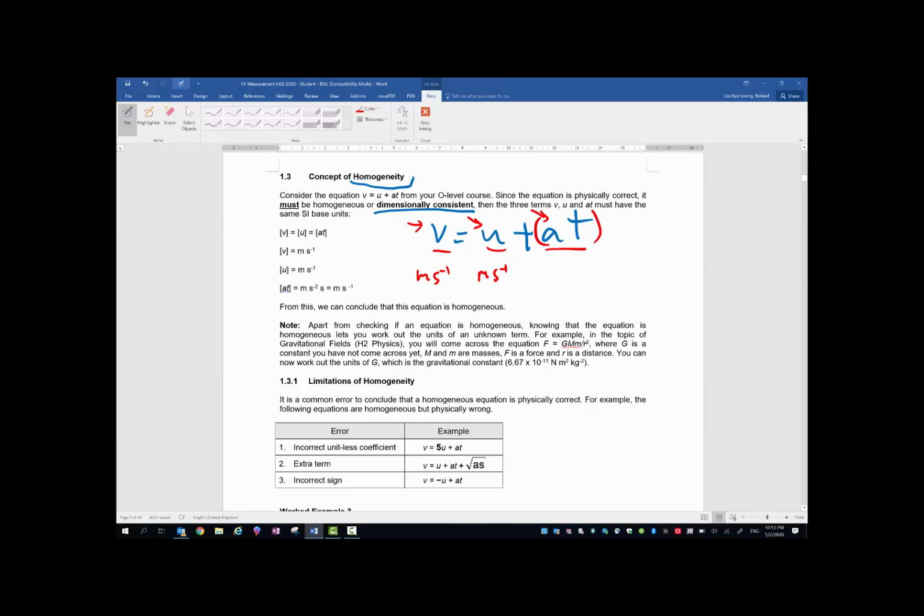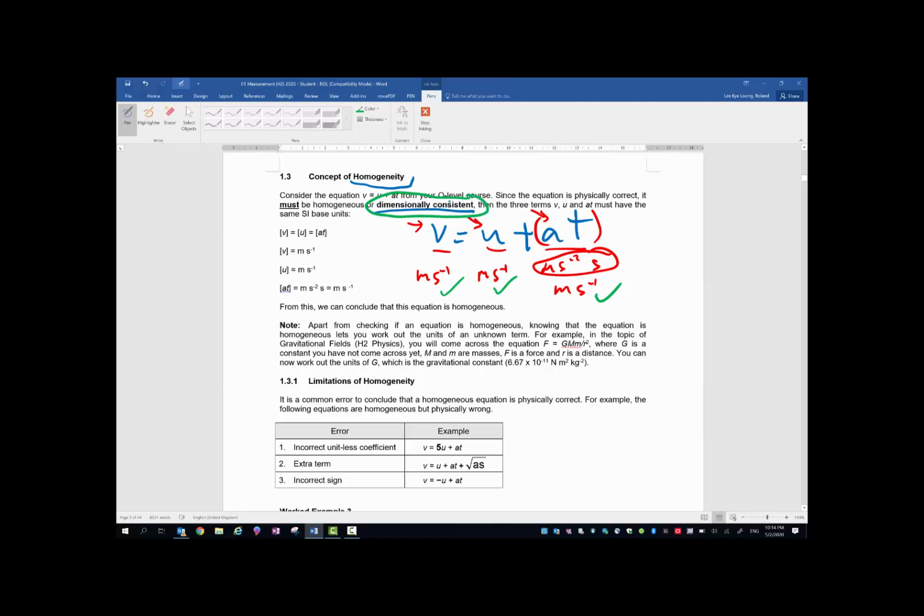The unit of at: a is acceleration, so acceleration is meters per second squared. The unit for time is seconds. So this combined together gives you meters per second. So there you have it. They are all the same, so they are dimensionally consistent. That's all there is to it.